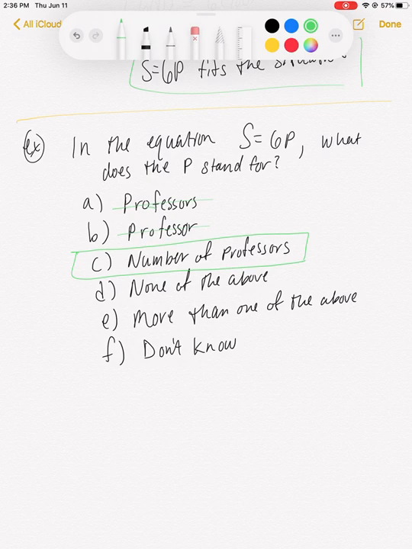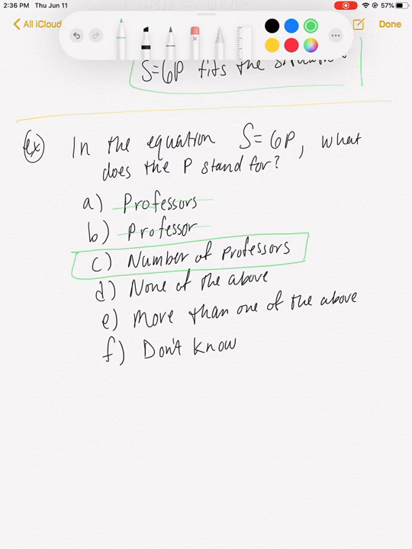Okay, so the first two are objects. The variable can stand for the number of professors, so part C works, then part D doesn't work because C does work, so it is one of the above. E is more than one of the above, which is not correct, and F is don't know. Well, that's not really an answer. Well, it's helpful. All right.